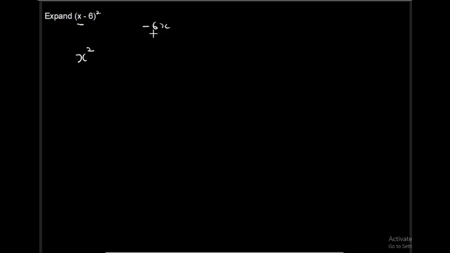And then the result multiplied by 2, that will give us minus 6x times 2, which is minus 12x. Then second term all squared will give us plus 36. Minus 6 all squared gives you plus 36.